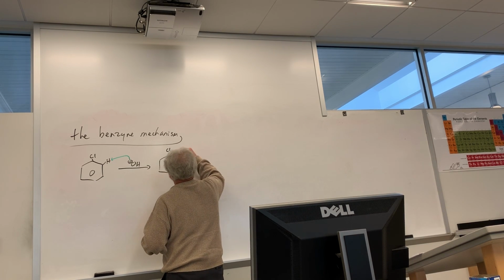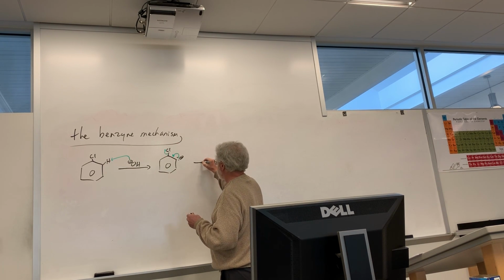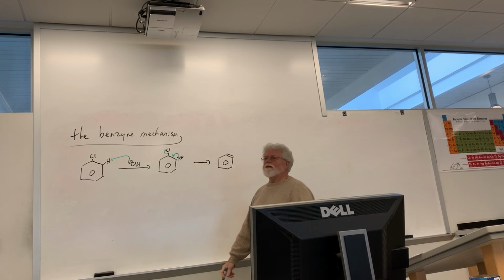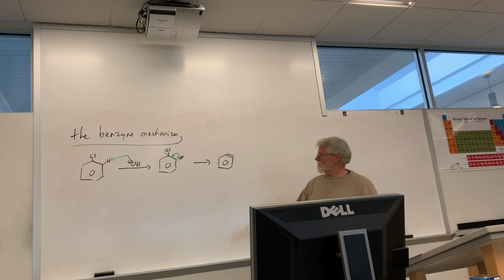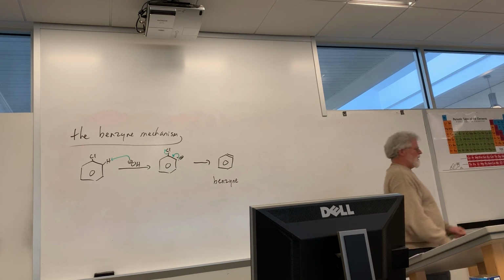This pair of electrons, they can pop down, and chloride, which we know is a decent leaving group, can leave. That would result in that. Benzyne.